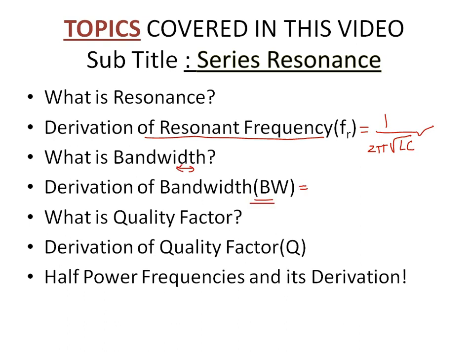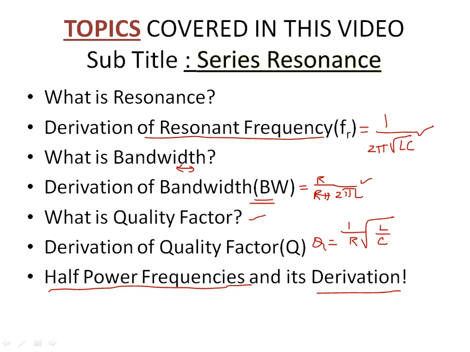Bandwidth formula is equal to R by 2 pi L. Next, quality factor and its derivation. Quality factor is equal to 1 by R root of L by C. Finally, half power frequencies, that is lower cutoff frequency and upper cutoff frequency, and their derivation.